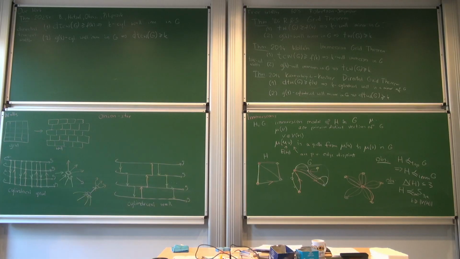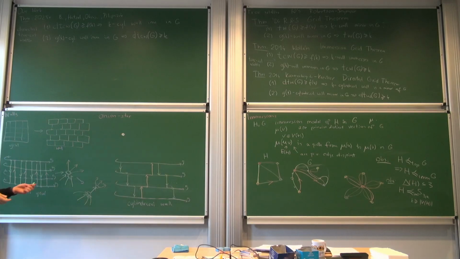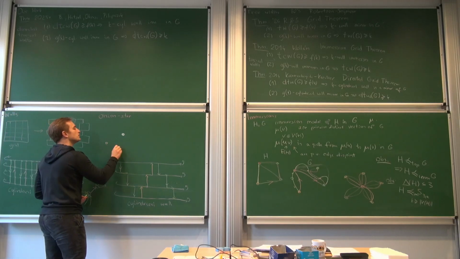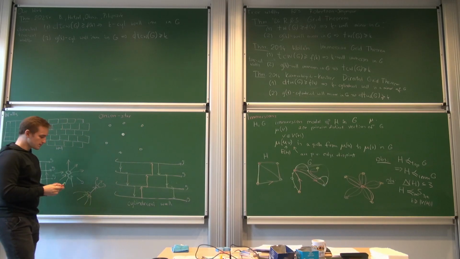Okay. So what is an onion star? We again have a central vertex through which we'll be routing every edge of our target digraph, and some number of peripheral vertices.